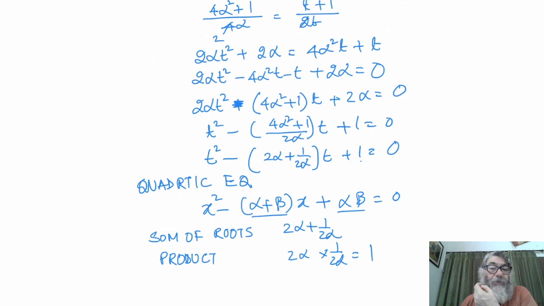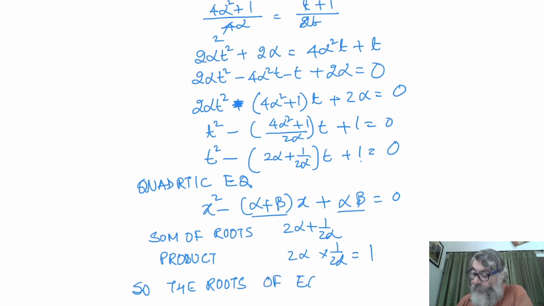So the roots of the equation, what is the value of t? t will be either 2 alpha or 1 upon 2 alpha.